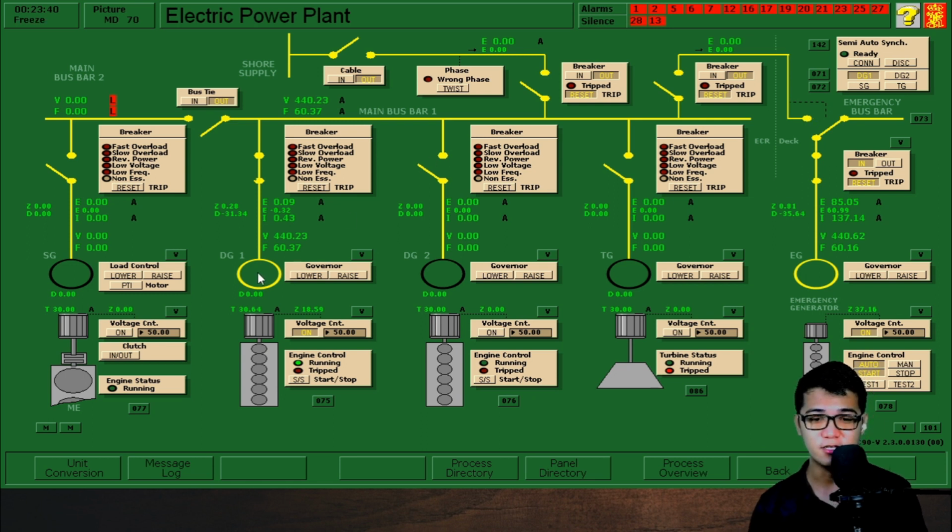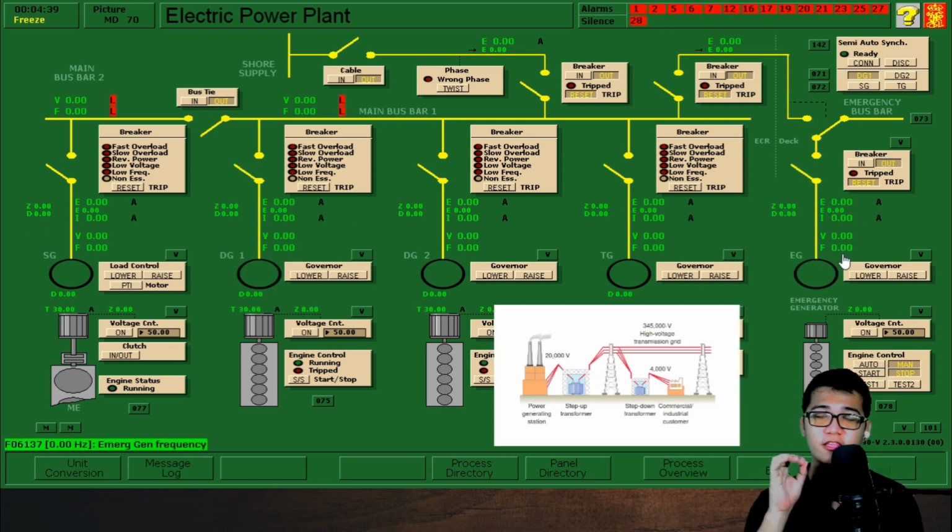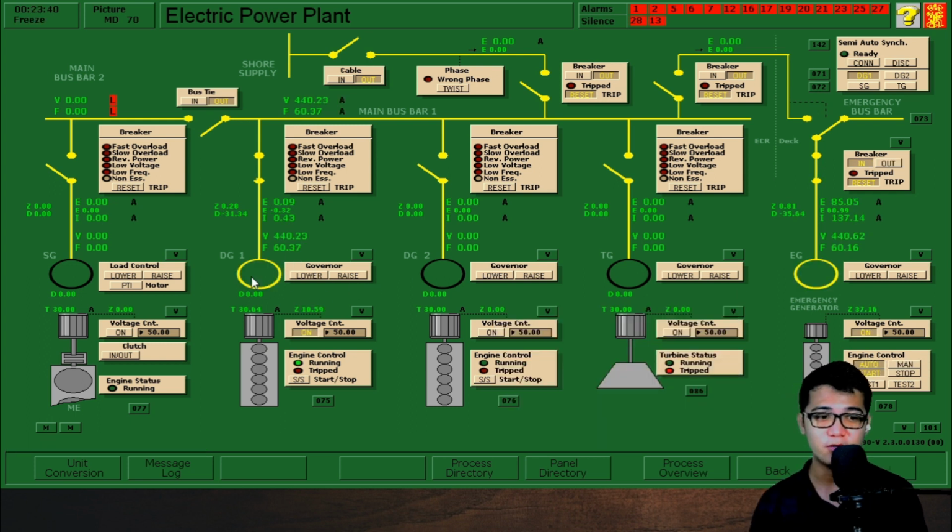In this case, our diesel generator 1. Okay, remember that emergency generator cannot be connected in parallel to our diesel generators. Okay, and we will observe that in this particular simulation.